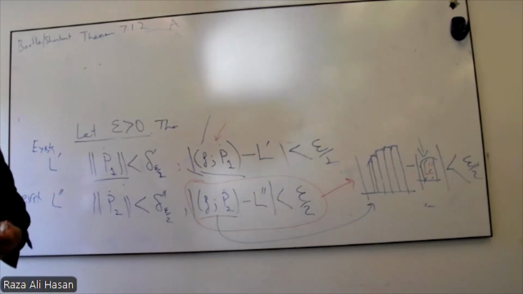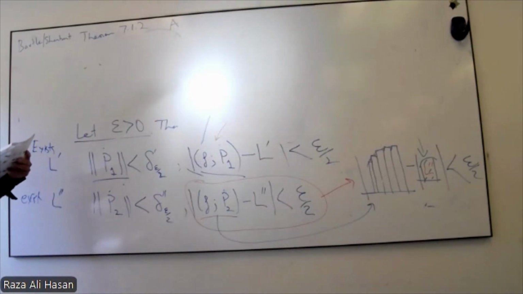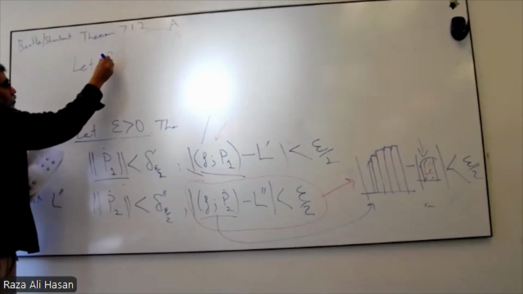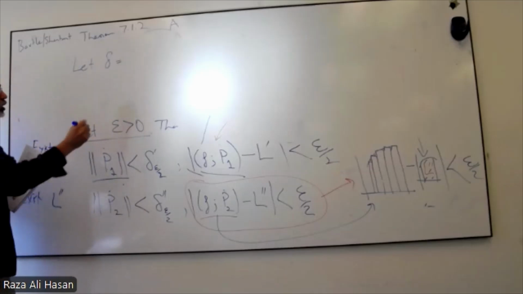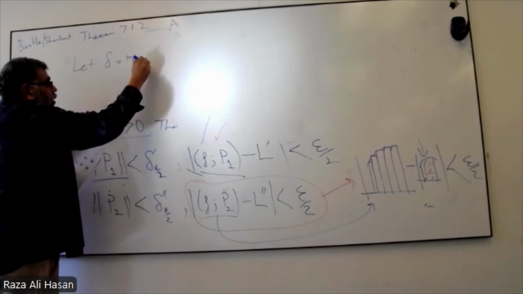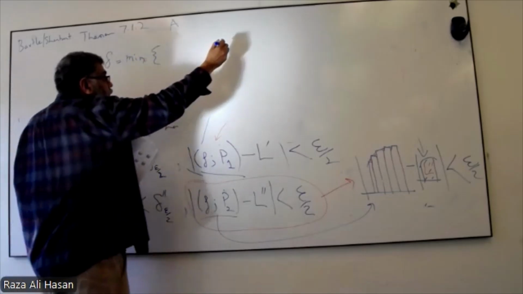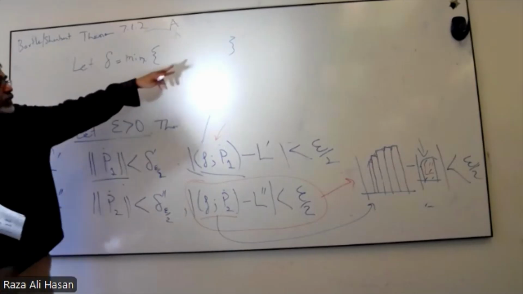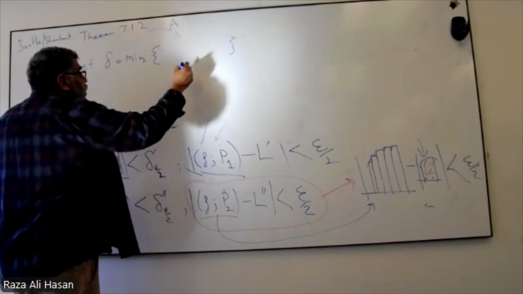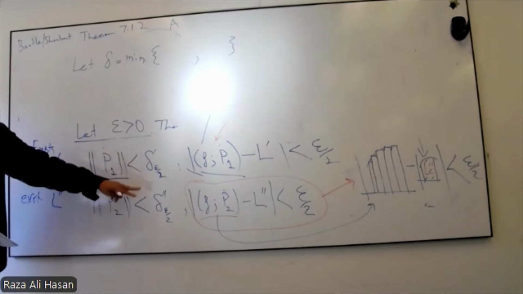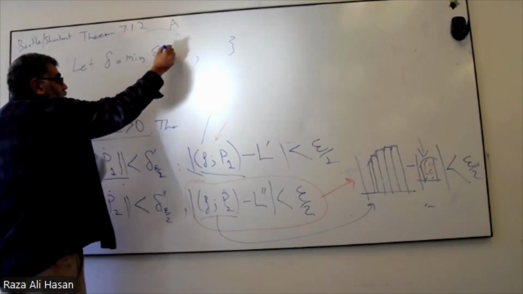We're going to say let delta equal the minimum, and we're going to give the minimum function a set that contains this one and this one. So I'm going to put that here.